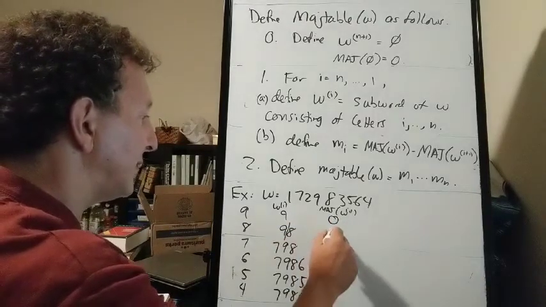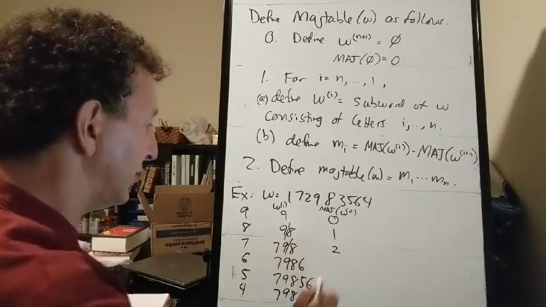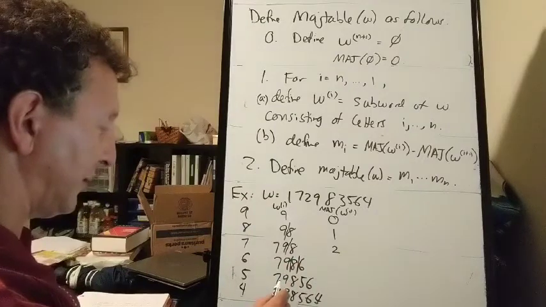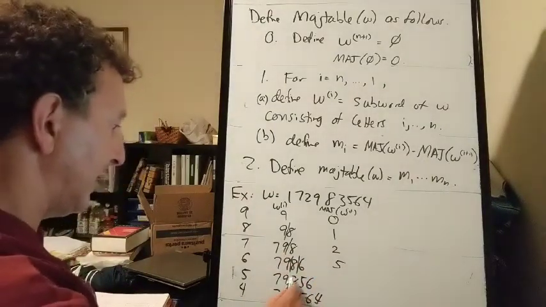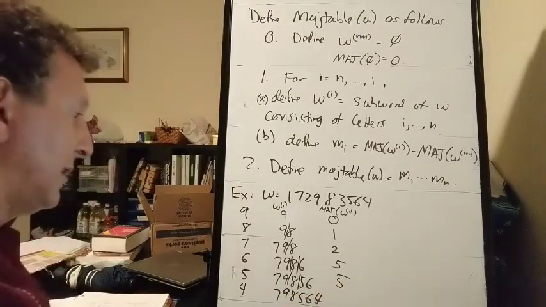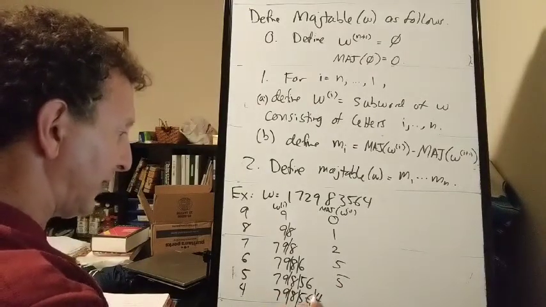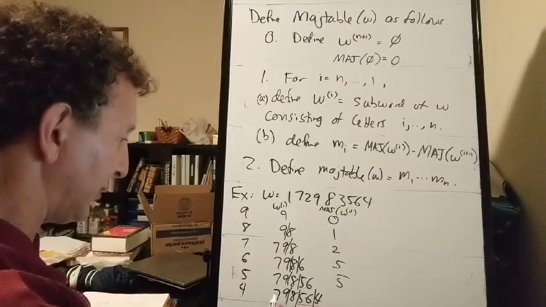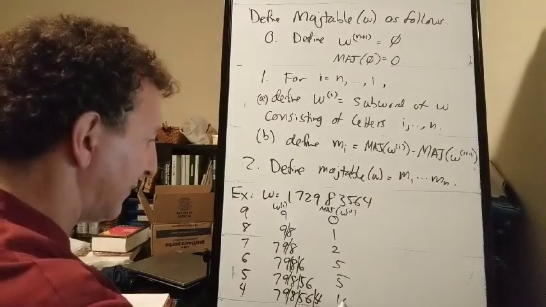Here we've got 1 descent, major index is 1. 7, 9, 8, major index is 2. 7, 9, 8, 6, we have descents at position 2 and 3, so it'll be 5. 7, 9, 8, 5, 6, it's 5 again. 7, 9 is bigger than 8, 8 is bigger than 5, now 6 is bigger than 4. So we've got 2 plus 3 and another descent in position 5. So that's 5 plus 5 is 10.